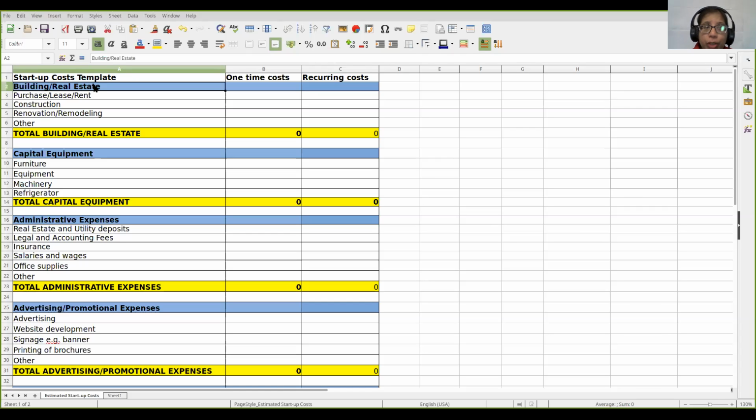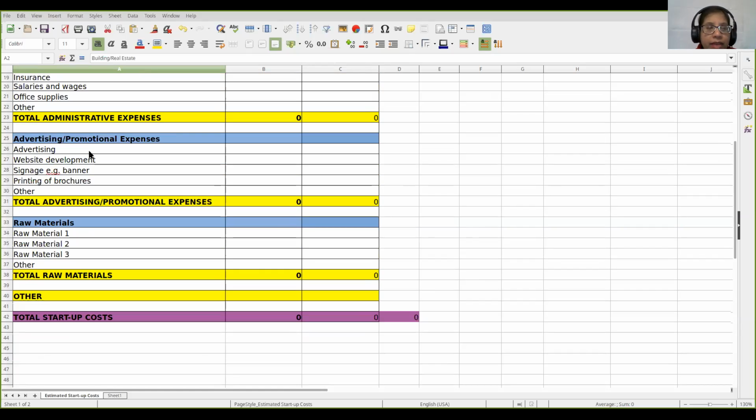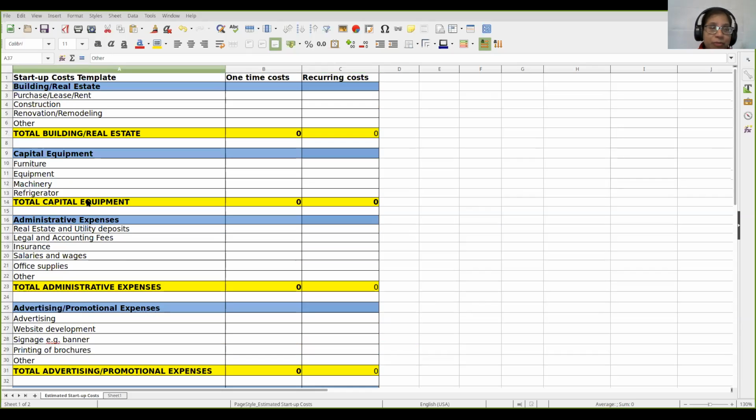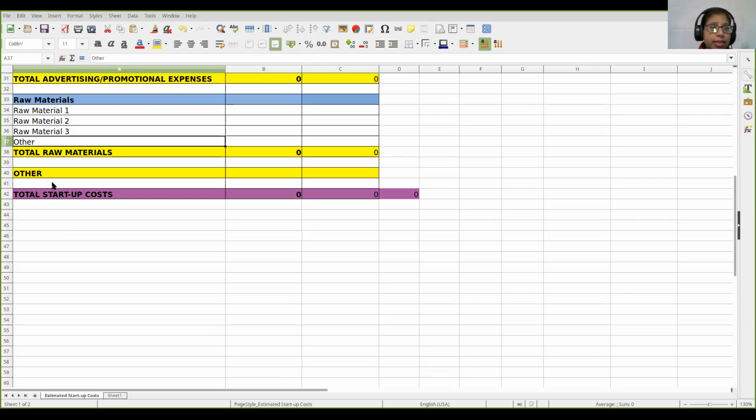Okay, so this would give you an example or a template of all the possible startup costs that you may have for your business. And of course, if there is not a category that you were seeing there that applies for your business, then you can put it under the other section. Okay, so if you have a cost and you can't fit it in any of these categories, then you can simply include it in the other section.